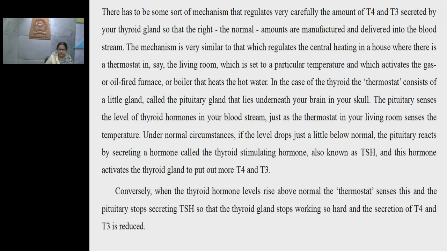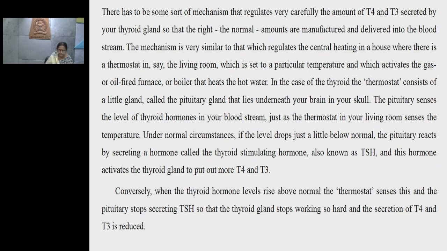In the case of the thyroid, the thermostat consists of a little gland called the pituitary gland that lies underneath our brain, in our skull. The pituitary senses the level of thyroid hormone in the bloodstream, just like the thermostat in our living room.